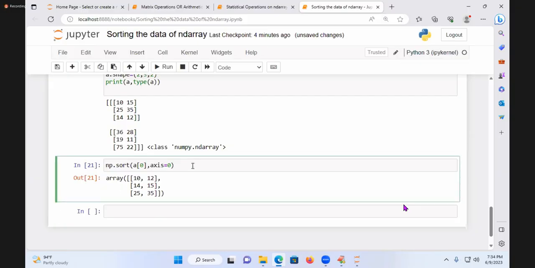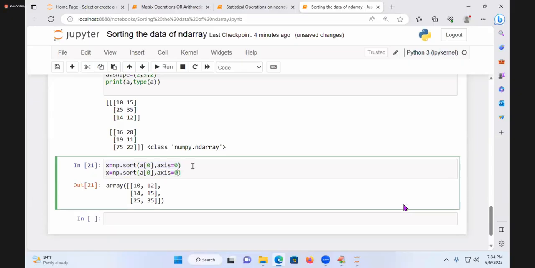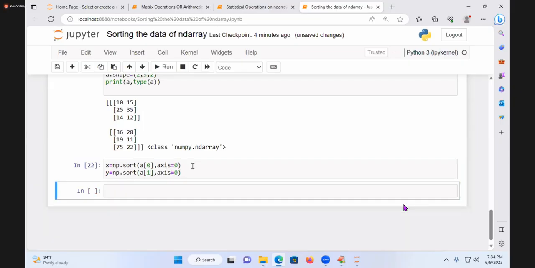And x is equal to, next is called what you know? Y is equal to 1, no. 1 I will say. Done.